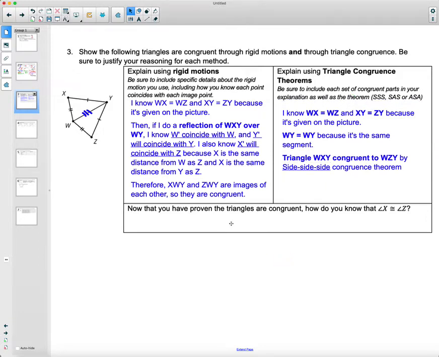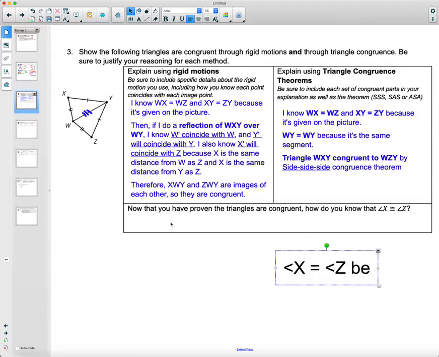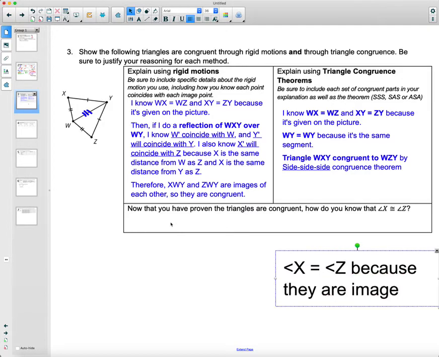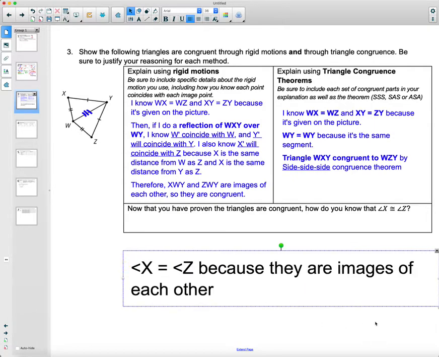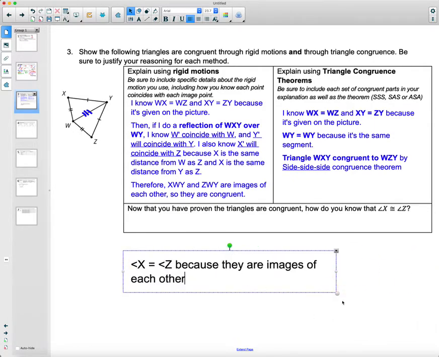So now that we've proven that the triangles are congruent, how do we know X is congruent to Z? You have a couple options for this. Angle X is equal to angle Z because they are images of each other. That would be from the transformation idea.